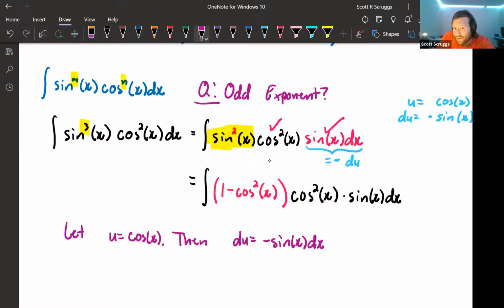Don't have the negative part, but I'm only off by a constant. So I don't need to adjust much. Everything is good to go. I'm ready to do a u sub.